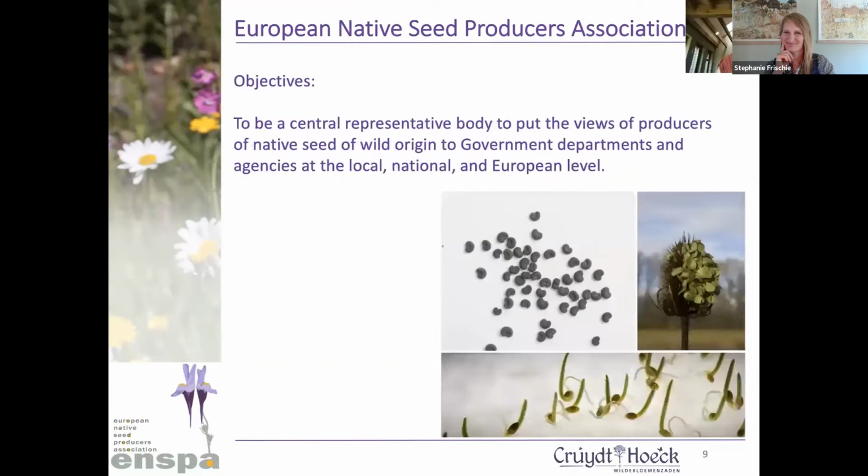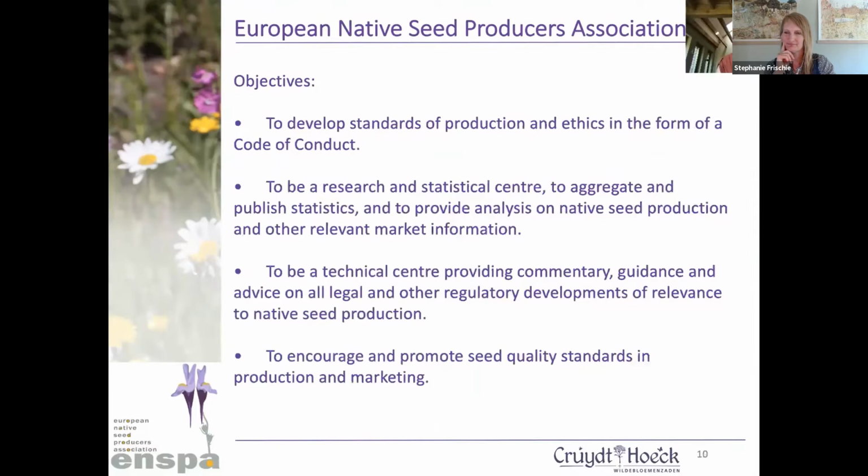We made lots of objectives. We're really ambitious, but we're going to work hard in the coming years to improve all sorts. We wish to be a central representative body to put the views of producers of native seed of wild origin to government departments and agencies at the local, national and European level, to develop standards of production and ethics in the form of a code of conduct, and so we did.